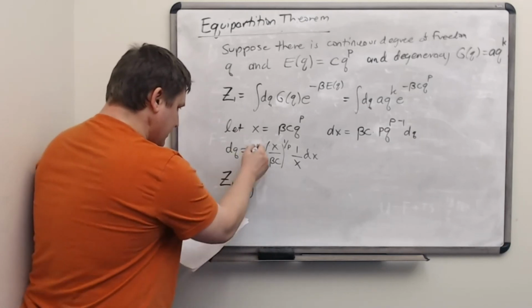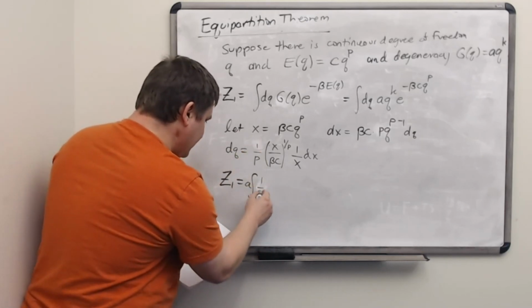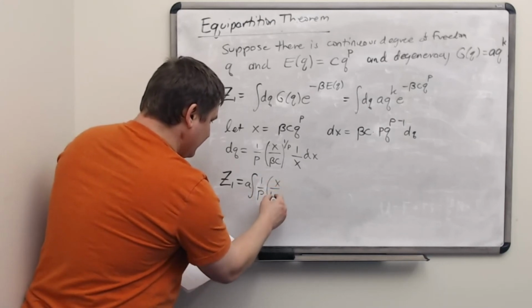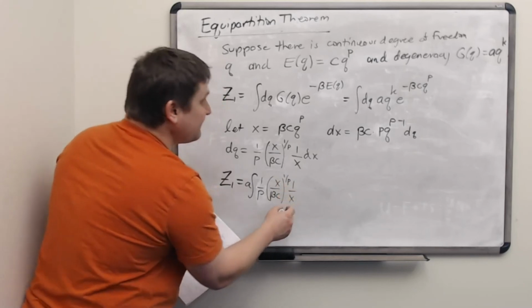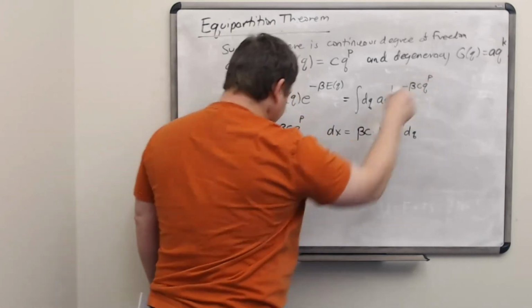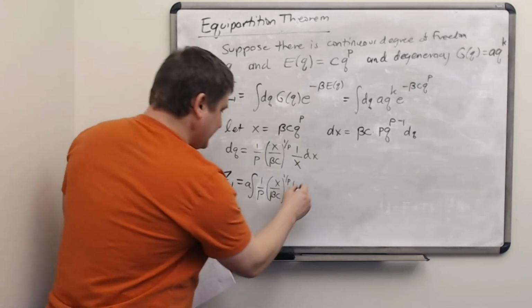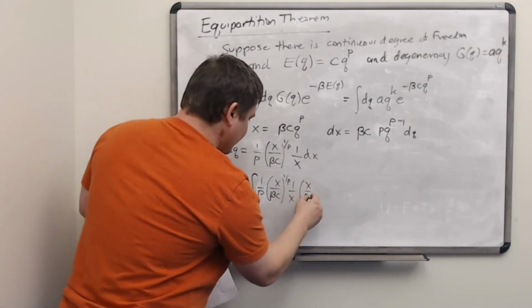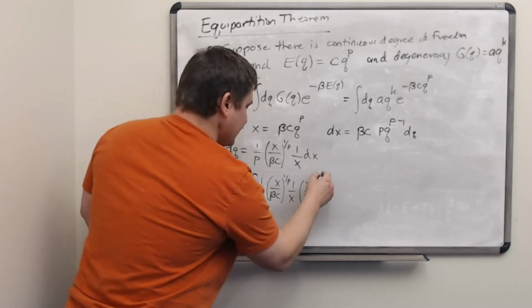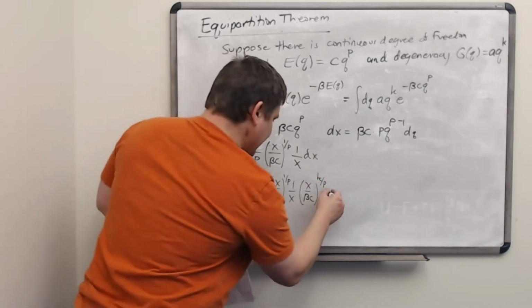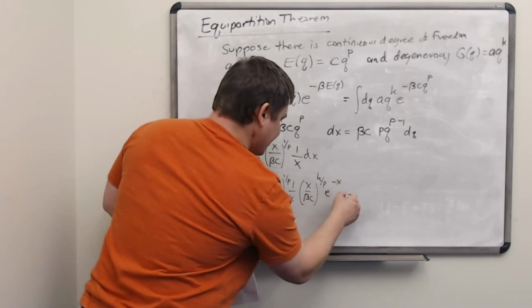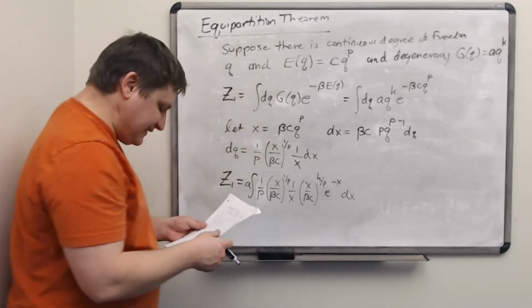So dq is 1 over p, x over beta c to the 1 over p power, times 1 over x. Then there's this q to the k power, which is the degeneracy, so that's going to be x over beta c to the k over p power, and then our exponential becomes simple because we set that up to be the exponent.